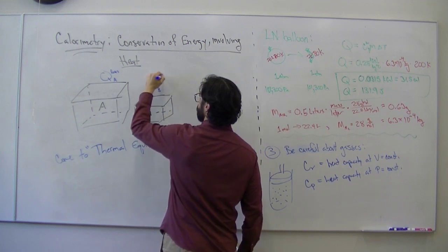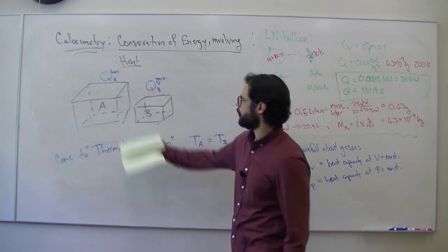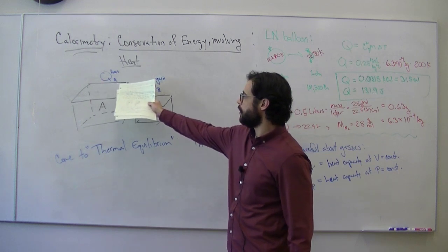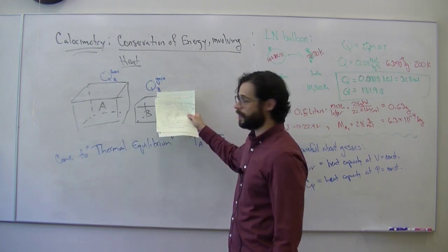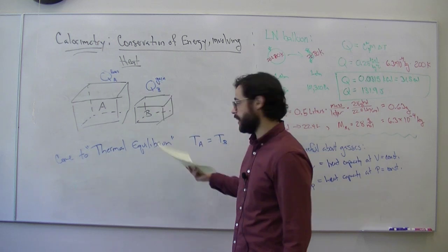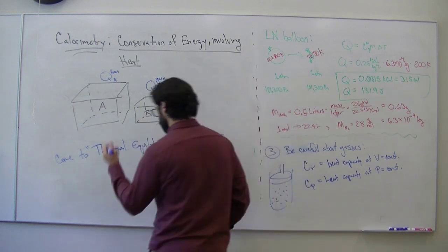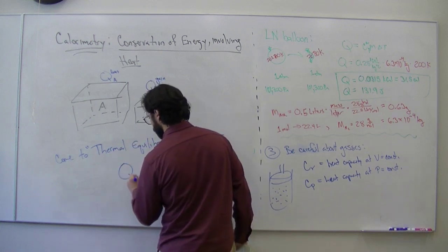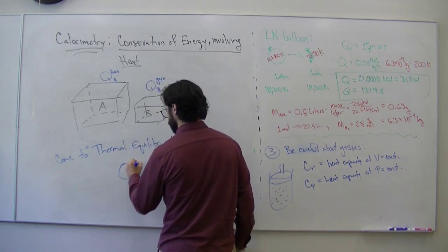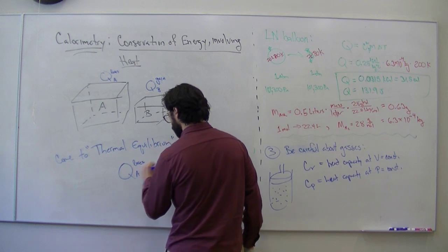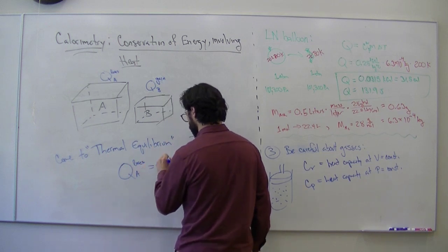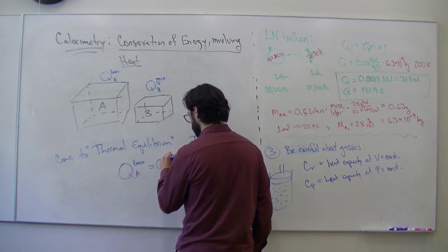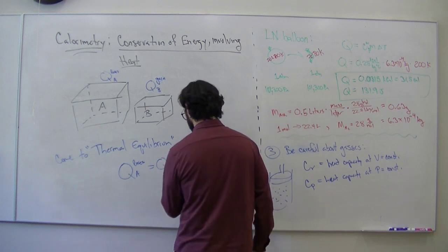In that case, energy conservation says that the heat that system A loses is equal to the heat that system B gains. And that's really it. So the rest is just filling in the details, and we now know how to do that. So the loss of heat from QA has to be equal to the gain of heat from QB. That is energy conservation.